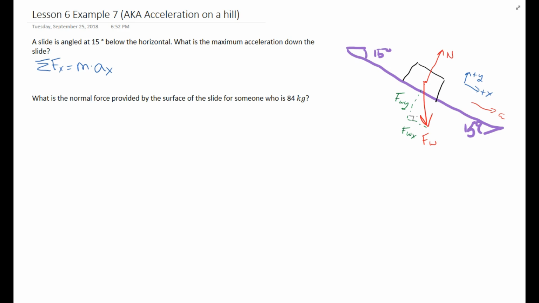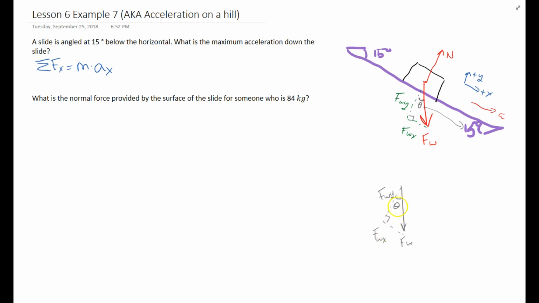Using a long complicated geometry proof, we find out that this angle in here is the same as this angle right here. So when we pull that triangle out, we get the fact that I have my force of weight pointing down, my force of weight in the y direction, my force of weight in the x direction, and we have this angle here.